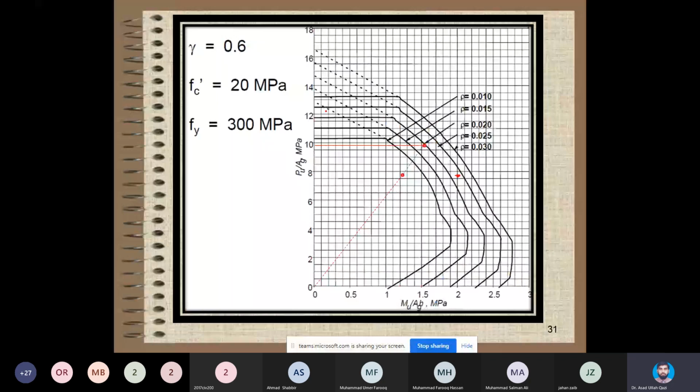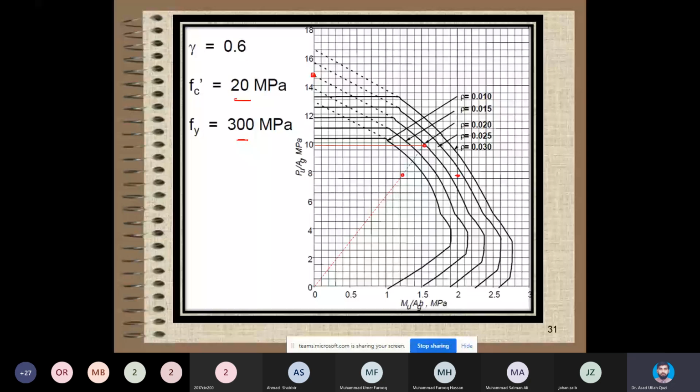It would be a wrong answer if I say gamma 0.6, gamma 0.75 or any other gamma will affect the axial capacity if Fc prime and Fy are the same. When Fc prime, Fy and cross section are the same, gamma has no effect on axial capacity.